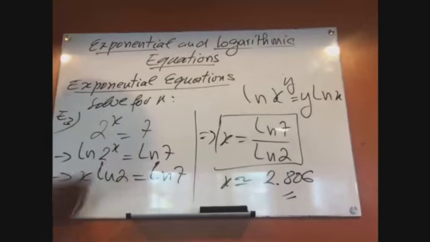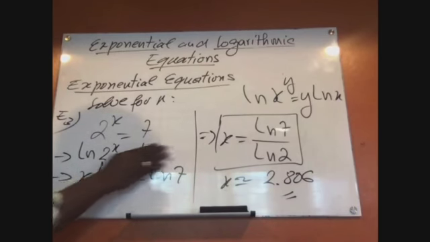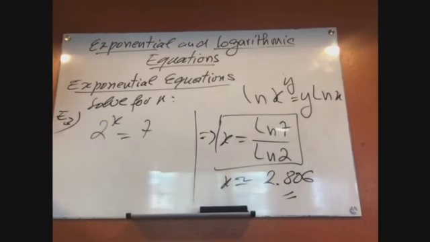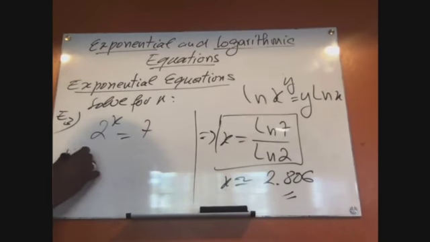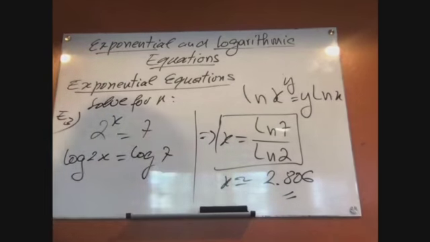Simple. If you don't want this, you can do the same thing. You can bring in log also: log of 2^x equals log of 7. Remember, when I don't put any base, it's automatically what? The common base, which is 10, is in your machine too.